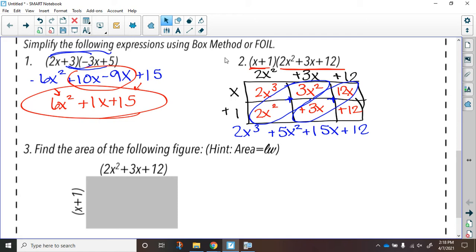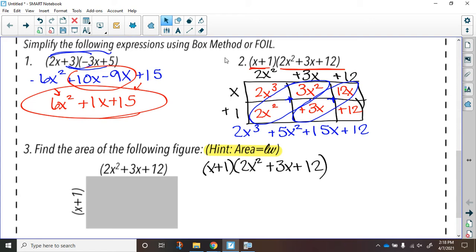So I'm going to show you number 3, how to find the area using FOIL. So again, the hint for this one is that area is length times width. So I'm going to take x plus 1 and multiply it by 2x squared plus 3x plus 12.